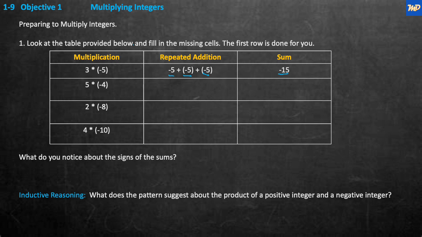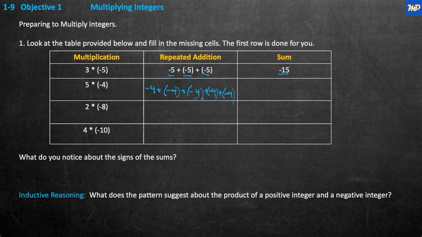5 times the quantity negative 4. So, again, we can say negative 4 plus the quantity of negative 4 plus the quantity negative 4 plus the quantity of negative 4, I'm running out of space, and then plus the quantity of negative 4.